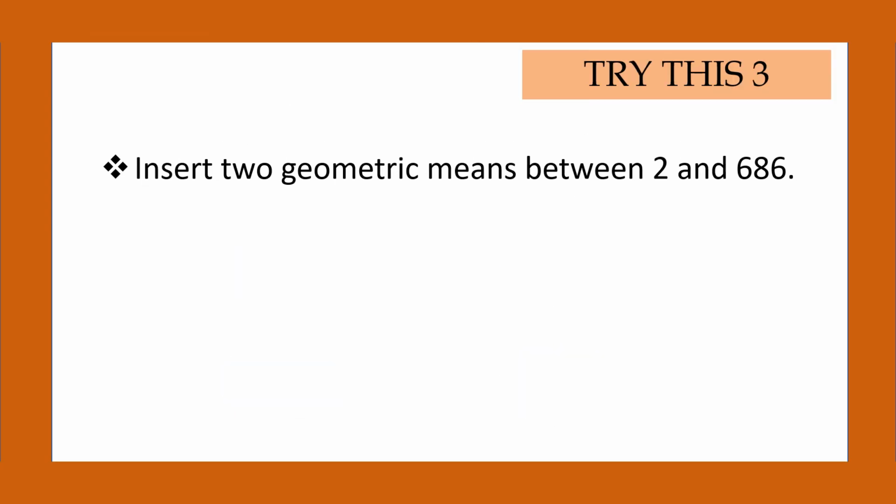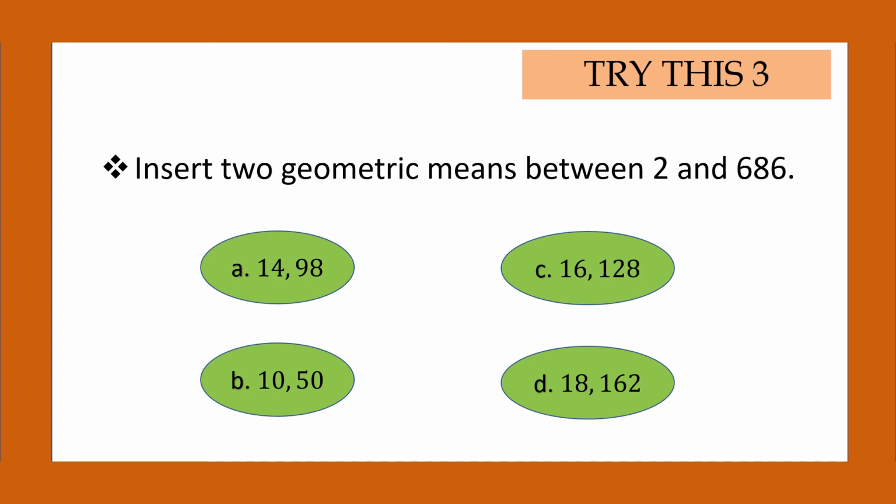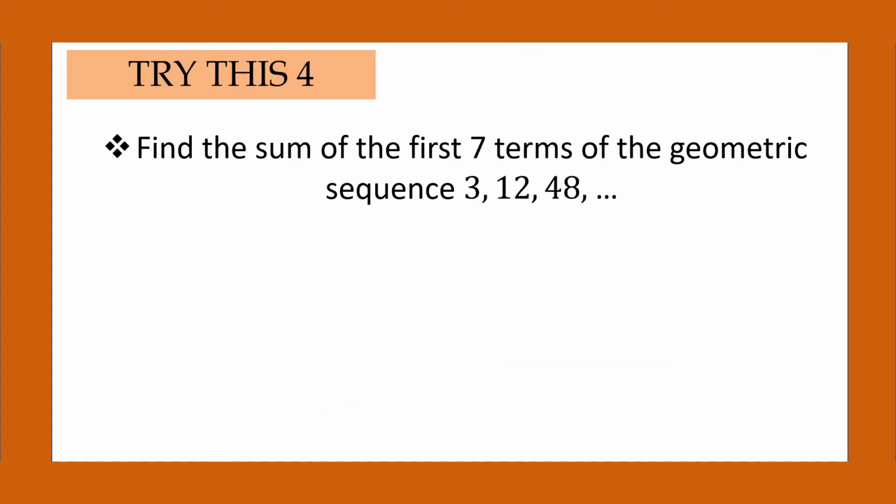Next, insert two geometric means between 2 and 686. Is it A, 1498, B, 1050, C, 16,128, or D, 18,162? Next, find the sum of the first seven terms of geometric sequence 3, 12, 48.